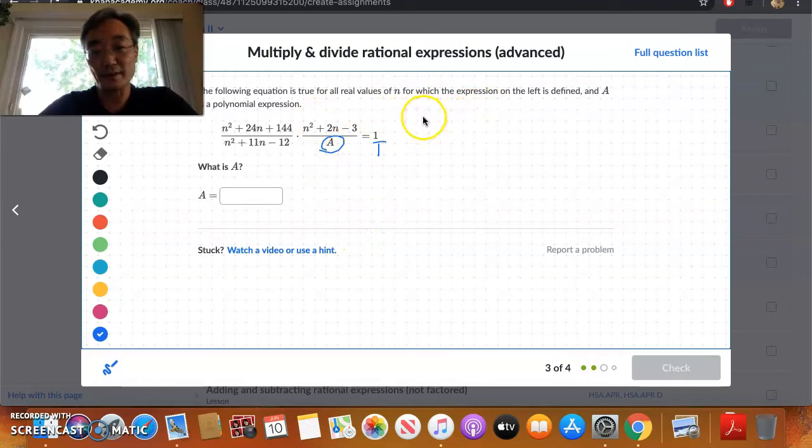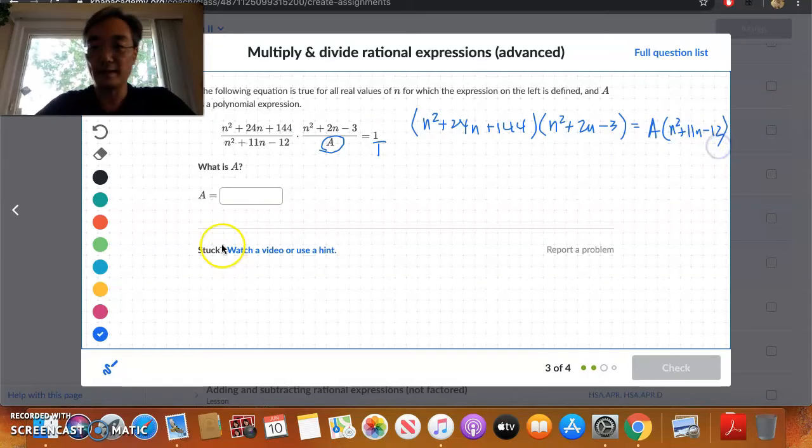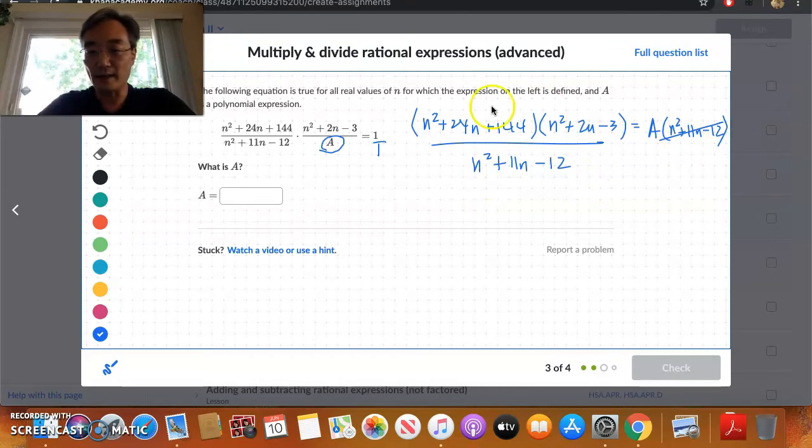So we're going to have basically n squared plus 24n plus 144, this thing, times n squared plus 2n minus 3 is equal to a times n squared plus 11n minus 12, like that. And then, of course, divide both sides by n squared plus 11n minus 12, right? And that's going to cancel out. So a is going to be equal to this thing.